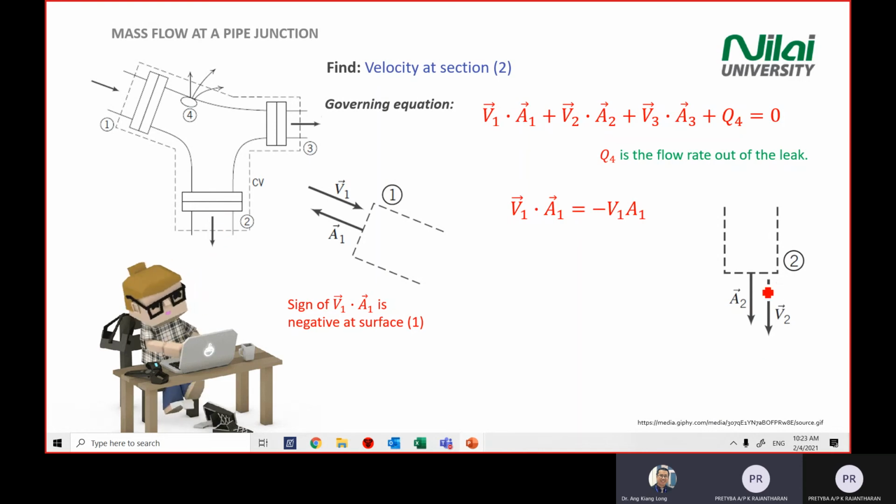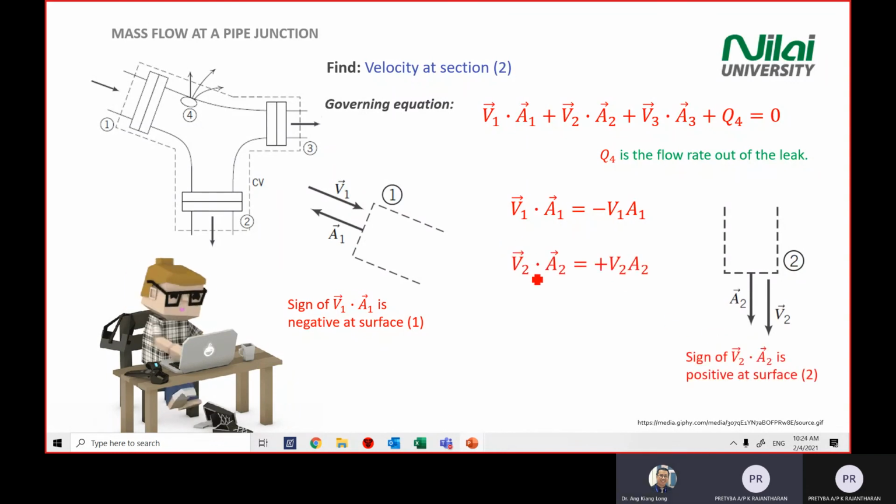So your V2 vector is going out. Since you're seeing the same direction, the product will be positive. So V2 vector dot A2 vector equals the positive product of the velocity at point number 2 times the area of section number 2.